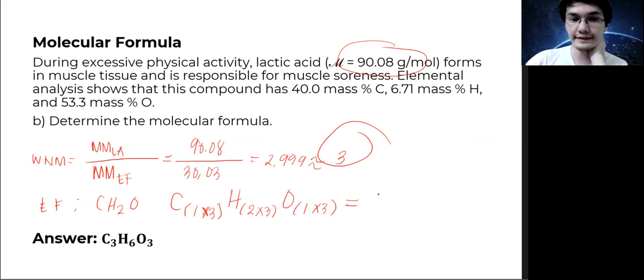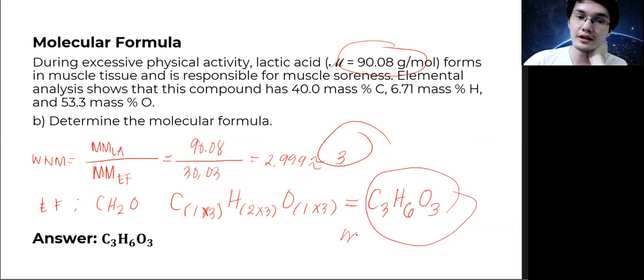So we will get 3 carbon atoms, 6 hydrogen atoms, and 3 oxygen atoms. So this is now the molecular formula of lactic acid.